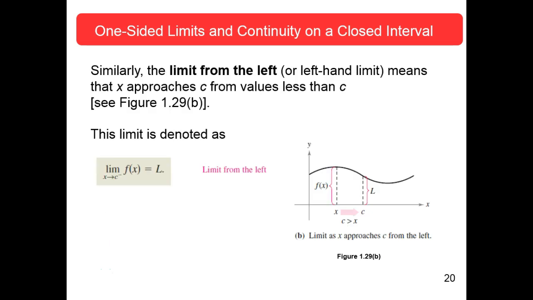Similarly, for the limit from the left, as x approaches c, f of x is again approaching L from the left. Here's how we identify that: the limit as x approaches c from the minus side, the lesser side of c, of f of x is L. If those two limits are the same, the limit exists at c.